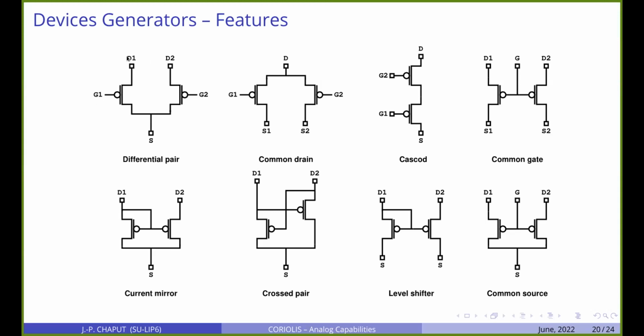But in reality, their fingers are always interleaved to maximize the pairing and compensate for all the defects of the substrate. We currently have 8 constructs of interleaved transistors, and the generator can automatically create all of them. These are the building blocks of analog design, usually, plus capacitors and resistors, of course.